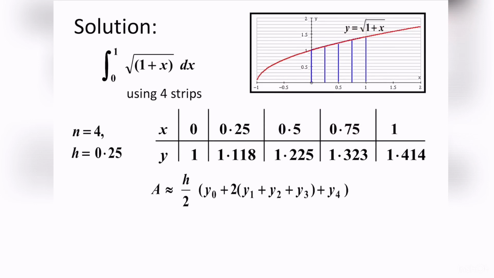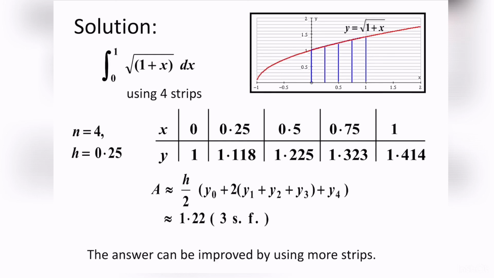Okay, so the area is h over 2, and now you substitute the values, y naught and h, which is 0.25, and you substitute the values for y1, y2, y3 and y4, and after you work it out, your answer is 1.22. So try to do this yourself using your calculator, work it out and see if you get the same answer.